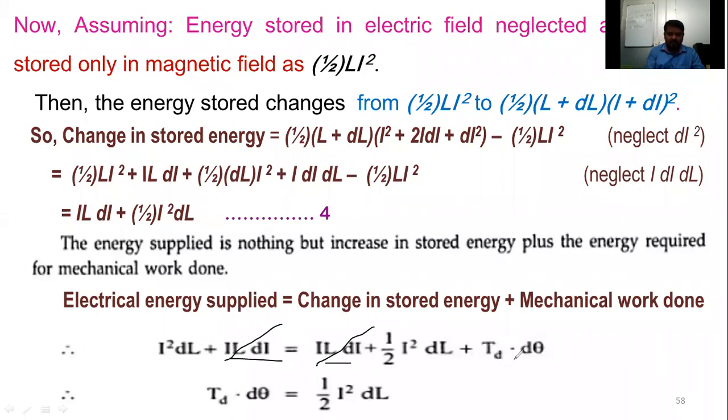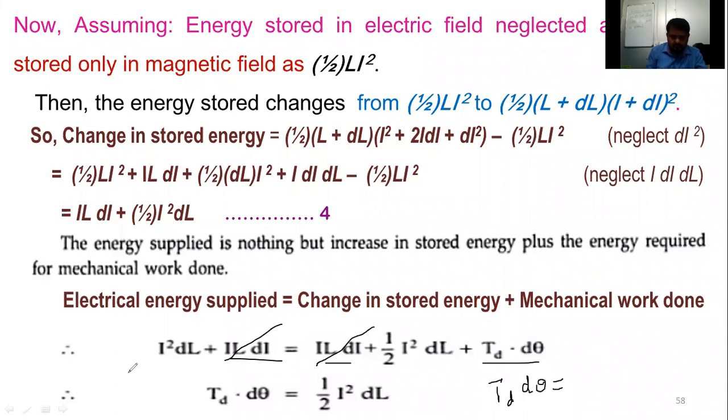What is the left term? I will write TD d theta equal to the remaining term, I square dL.